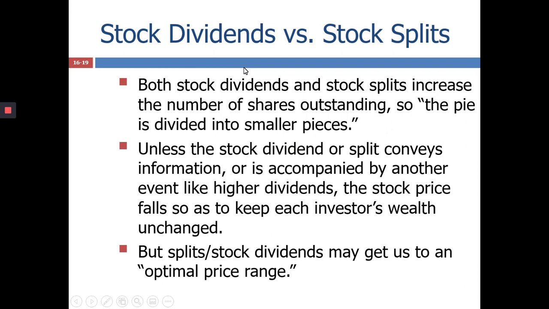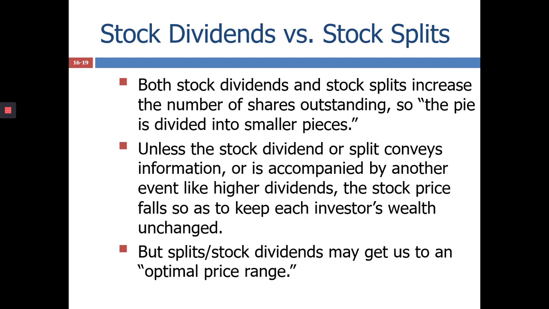Stock dividends and stock split. So let's look at some details on this. Both stock dividends and stock split increase the number of shares outstanding, so the pie is divided into smaller pieces.